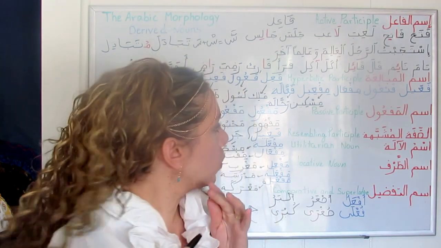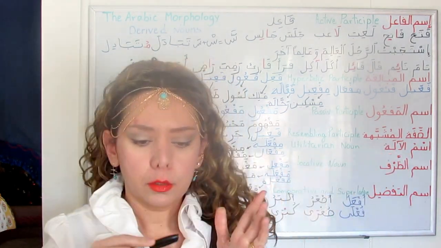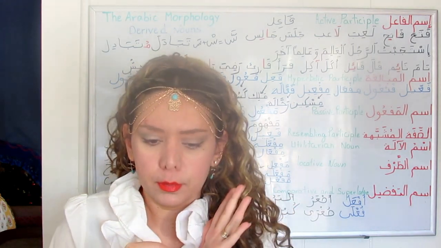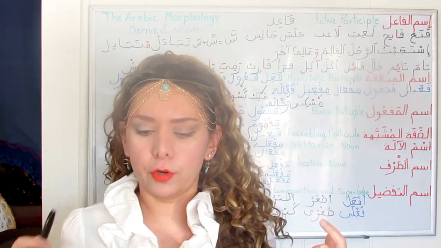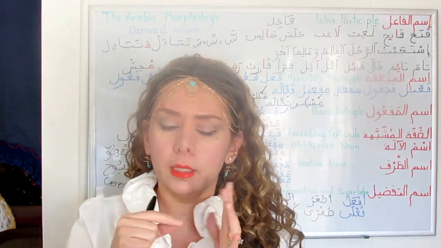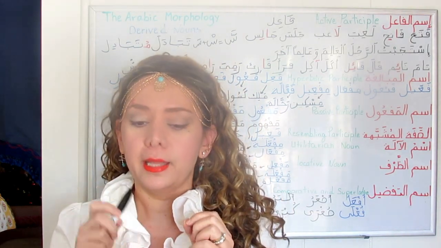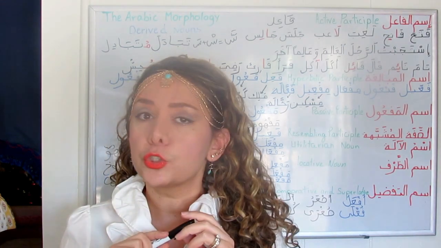Okay, the next one is الصفة المشبهة, the resembling participle. It is a noun derived from a gerund, again a verbal noun, which indicates the root meaning being an attribute. This attribute is usually perpetual and intrinsic.